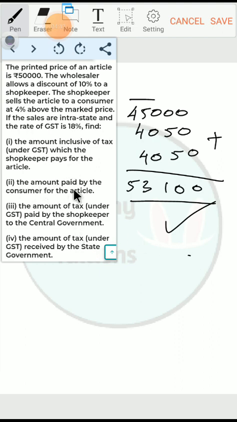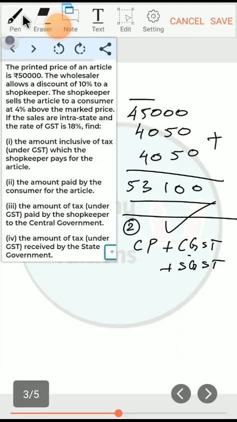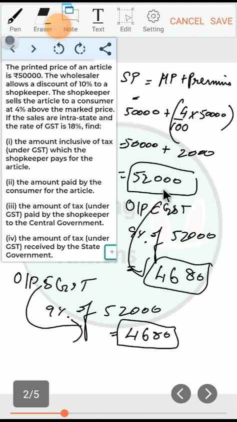Second one, the amount paid by the consumer for the article. How much does the consumer pay? So the second one is cost price plus CGST paid by the consumer plus SGST paid by the consumer. We know that the price the consumer pays is 52,000.